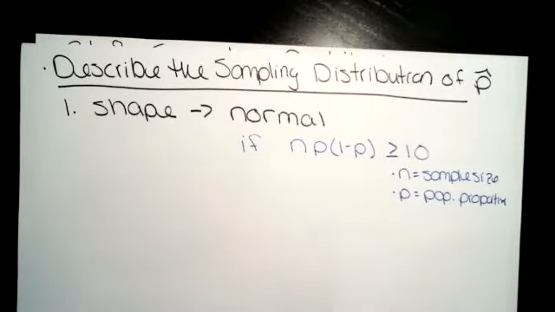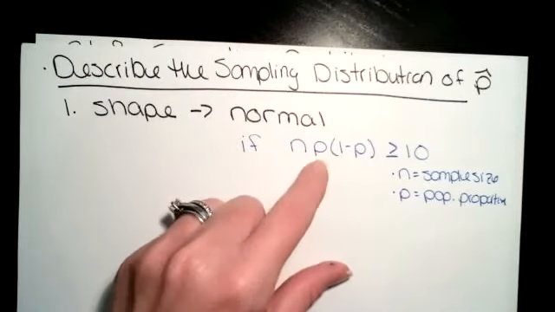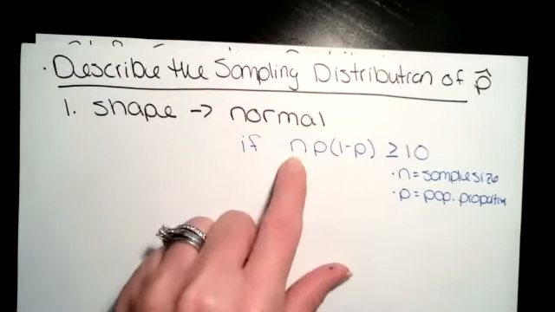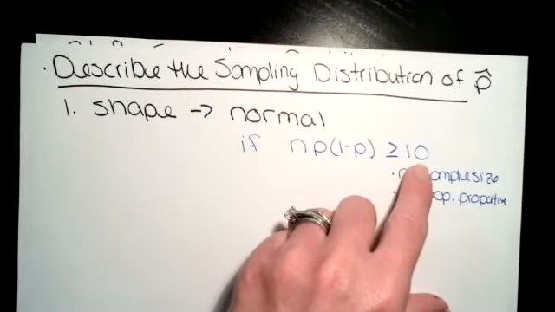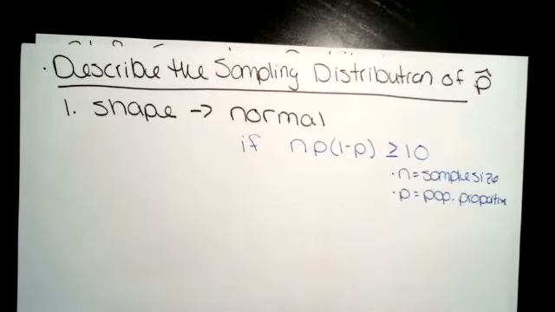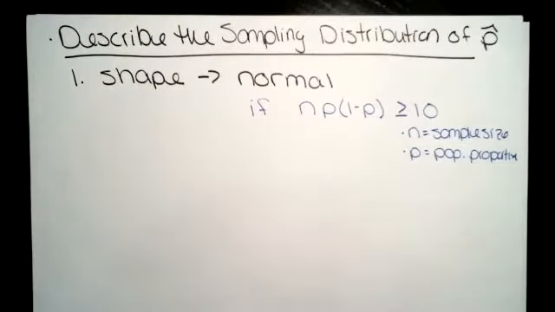I can't just say that because they rely on one another, right? So depending on what the population proportion is, my n will change to make sure that the whole value is greater than or equal to 10. So that's why I can't just have set values. It's the combination here of these.